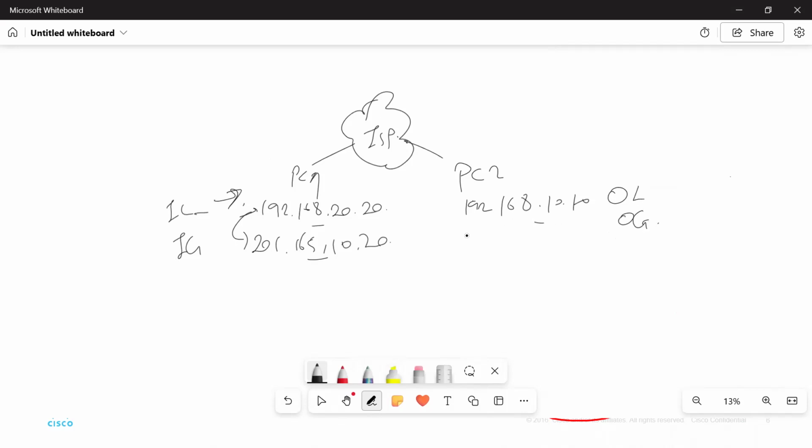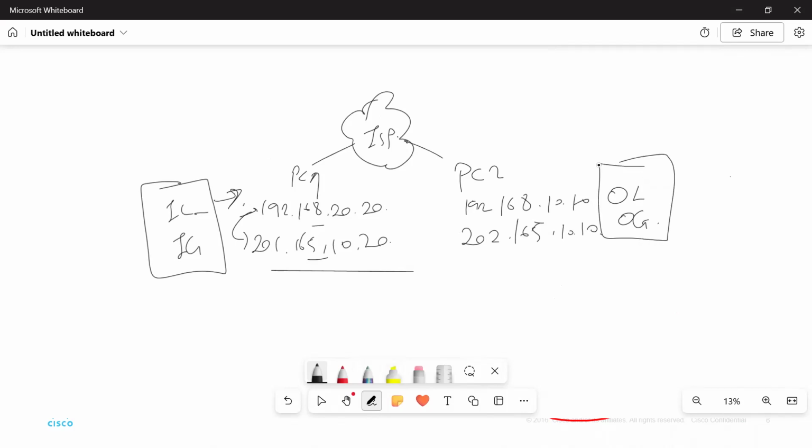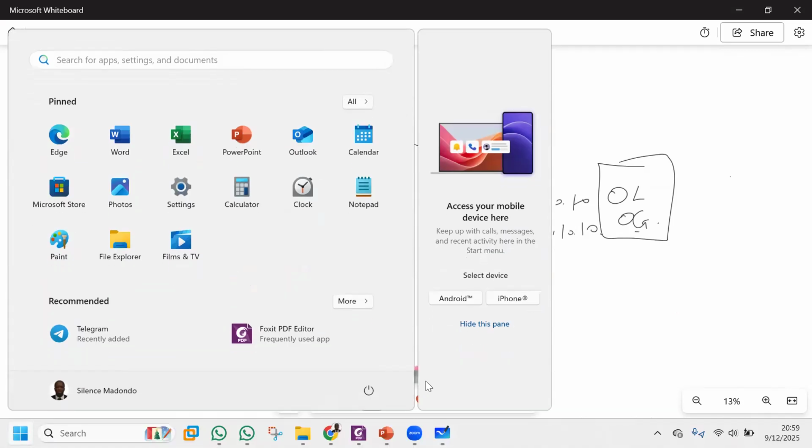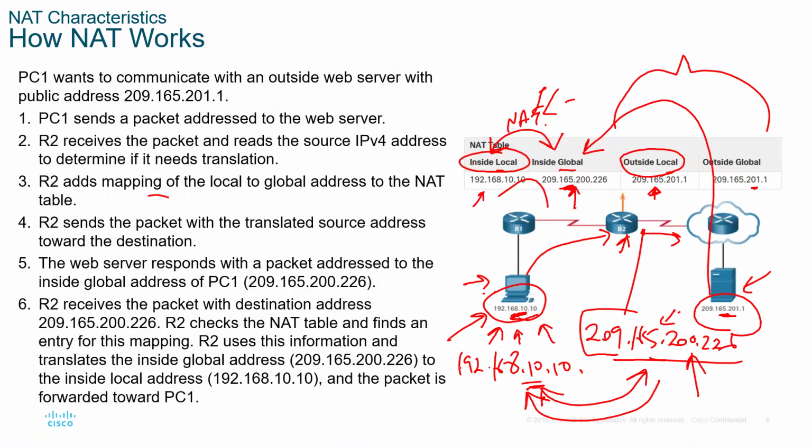Then we can have an outside global, 202.165.10.10. So if I'm sending from this end, we have these two types of addresses, and our destination will be looking like this. The outside local being the private network, the outside global being the public IP address of our destination.